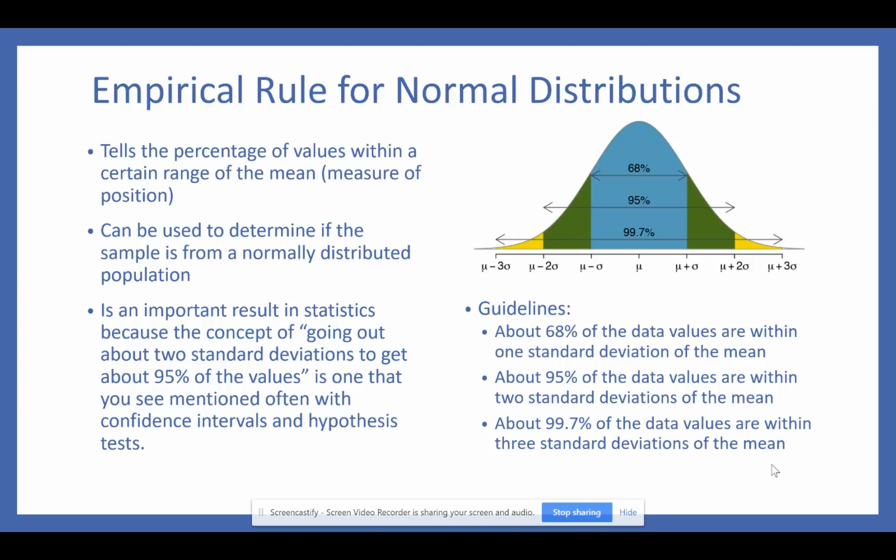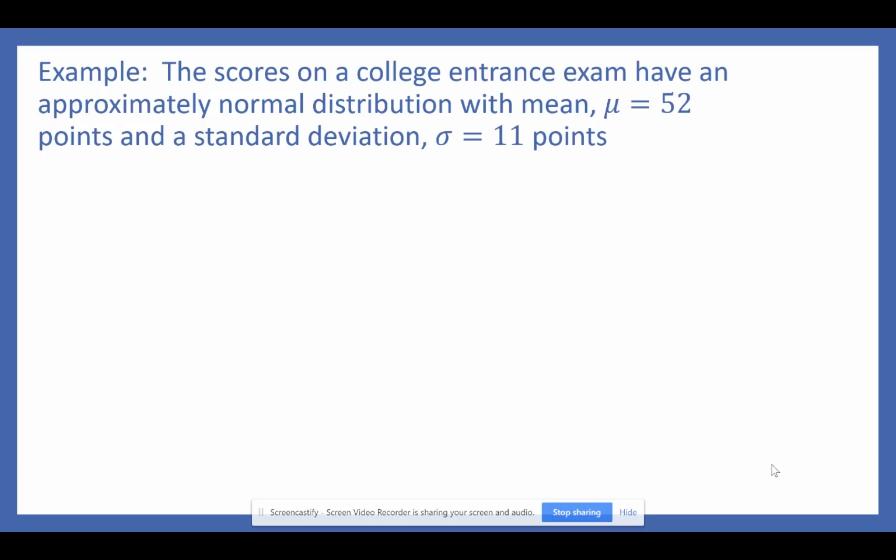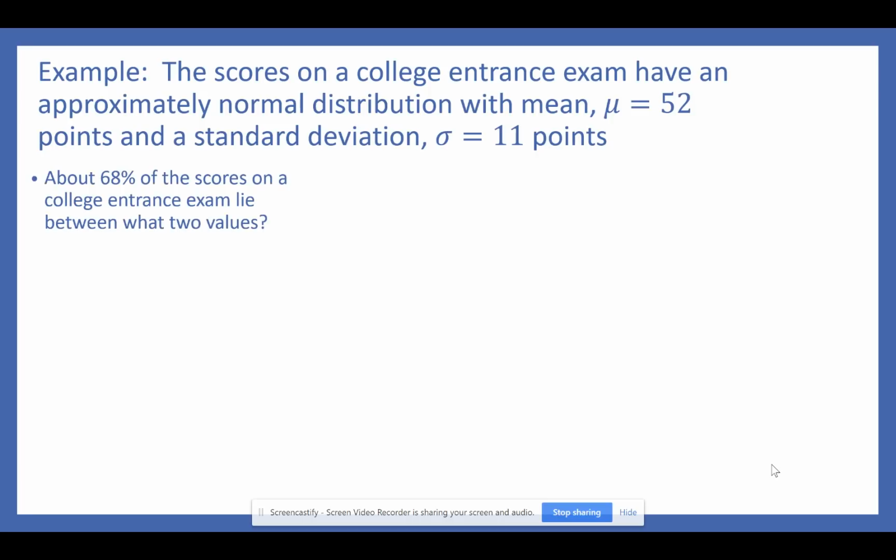So let's take a look at how we can use this empirical rule. It can help us set up some fence posts. There's lots of different applications to it. The scores on a college entrance exam have an approximately normal distribution with a mean of 52 points and a standard deviation of 11 points. About 68% of the scores would lie between what 2 values?